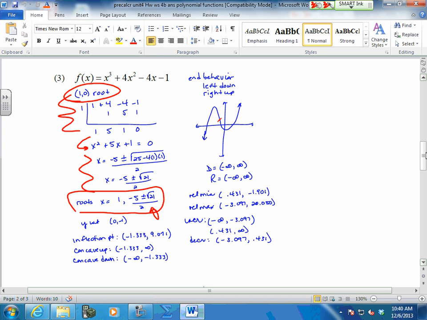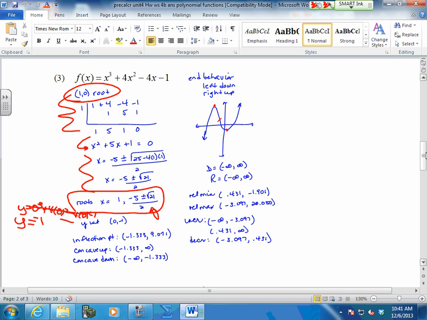But you can see it on your calculator where your sketch goes. Your y-intercept, plug in x is 0. So y is equal to 0 cubed plus 4 times 0 squared minus 4 times 0 minus 1. All of these come out. There's your y-intercept. You had to find your maximums. Are these relatives or absolutes?